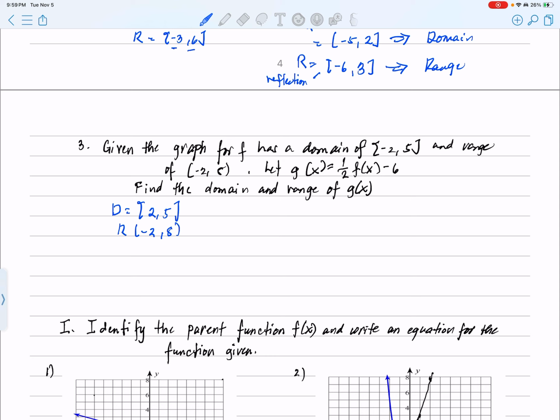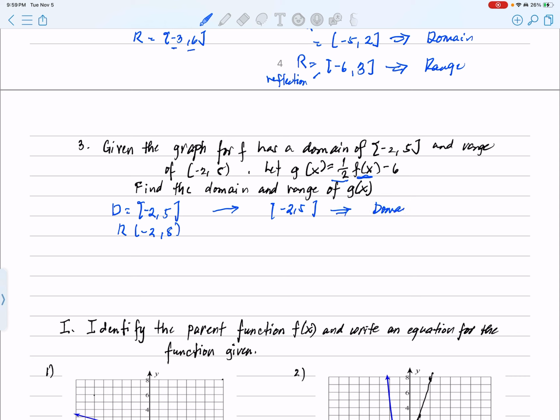You have a scale factor of 1/2. And what happened to our x for our domain? Just f of x, nothing happened. So nothing is changed. So the domain would remain the same. It's just f of x, right?